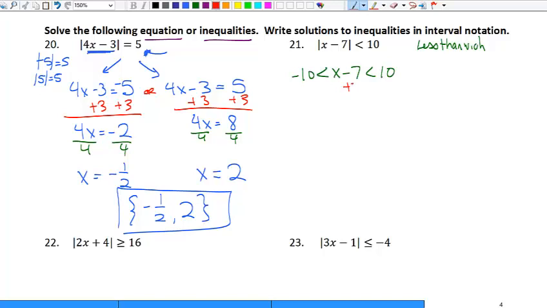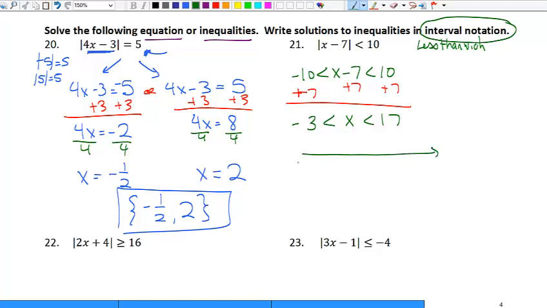Now I can solve by adding 7 to all three sides, and that's going to get me x, let's see, -10 plus 7... -7 plus 10 is -3. So that is my answer in inequality notation, but no one asks for the inequality notation, they ask for it in interval notation.